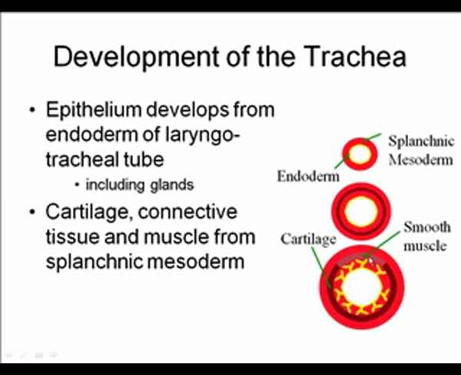And that's what we're trying to depict in this little cartoon. Now we want to go back and look at this particular depiction of the endoderm and splanchnic mesoderm and make the following point.